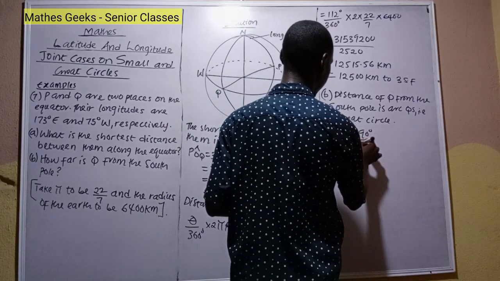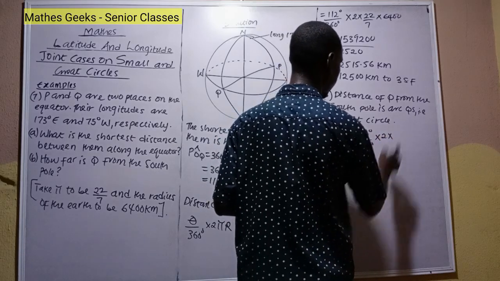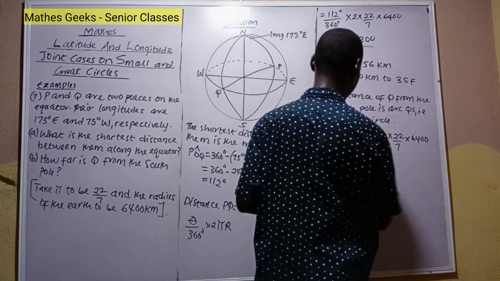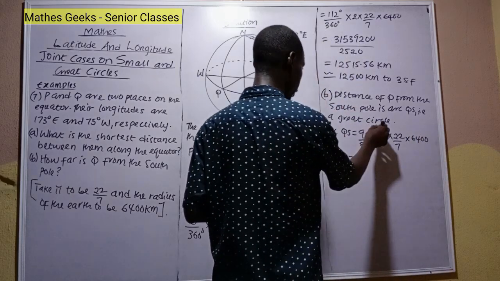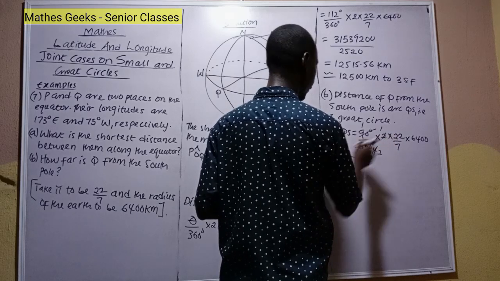So 90 degrees over 360 degrees times 2 times 22 over 7 times 6,400. That is 90 over 360 is 1 over 4, 2 over 2.